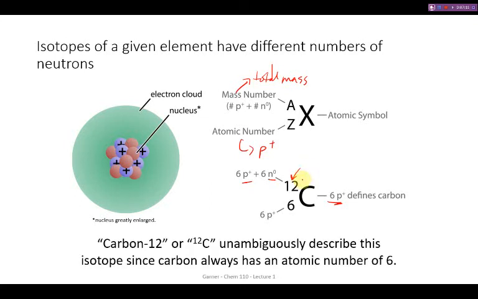And so you'll see this a couple different ways. This might be written as carbon 12 or kind of like a reverse exponent on a carbon. And that refers to this isotope, this carbon that has 6 protons and 6 neutrons.